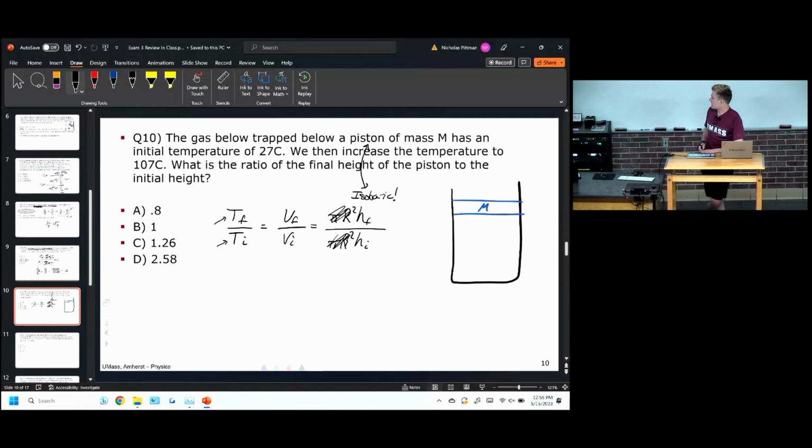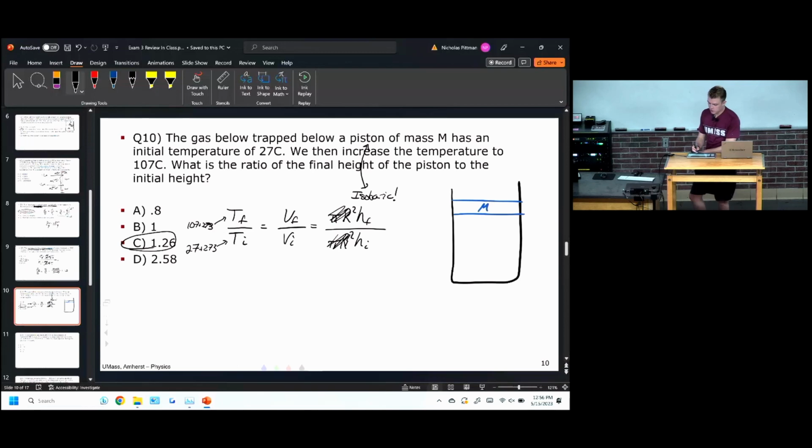Now, again, it's not delta T, so I have to use Kelvins. So T final is 107 plus 273, and T initial is 27 plus 273. And if you plug this in, what do you get? 1.26.